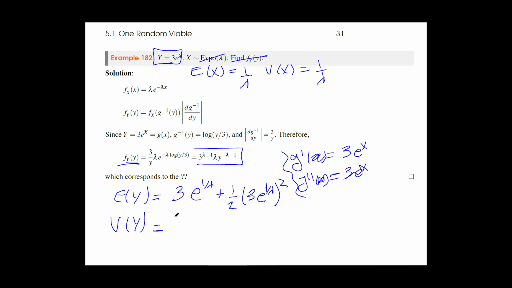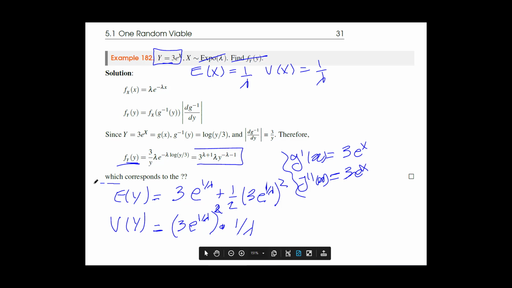The first derivative in this case is the same, 3e to the x. Now instead of x, it's always 1 over lambda, because that's the mean. So that's g prime of x squared times the variance of x, which is also 1 over lambda. So this would be your second order approximation for the mean, first order approximation for the variance for this problem.